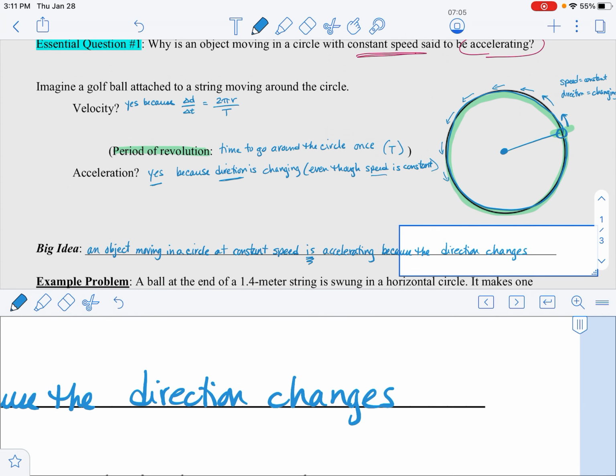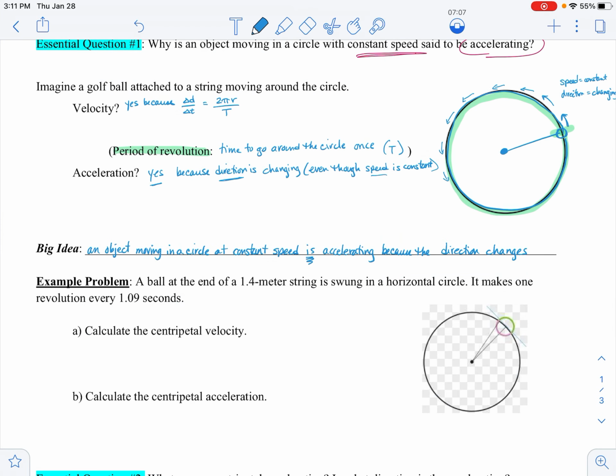All right, so my object has a constant speed, but it does have acceleration because the direction's changing.